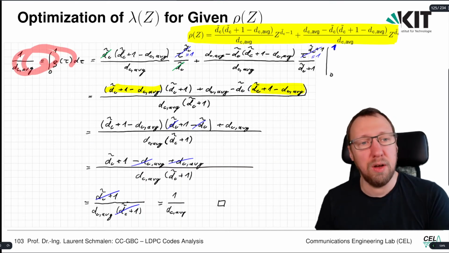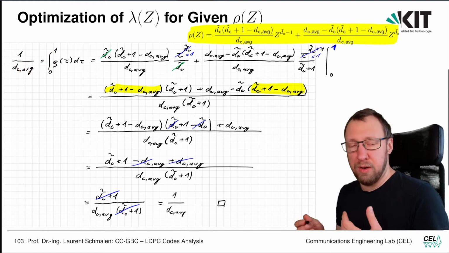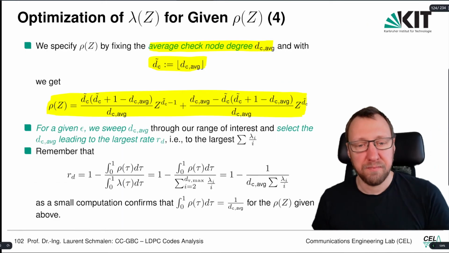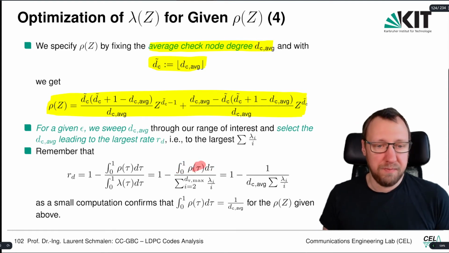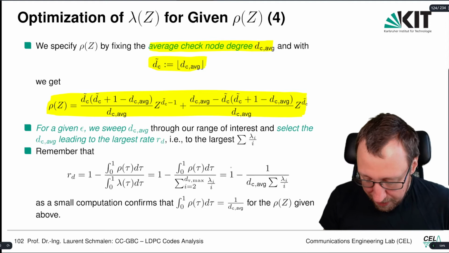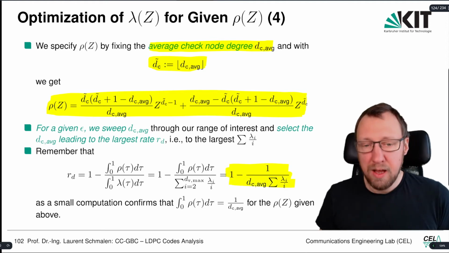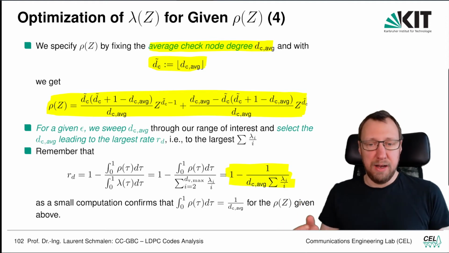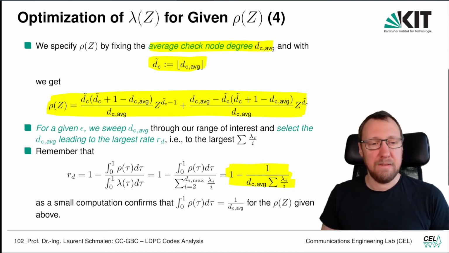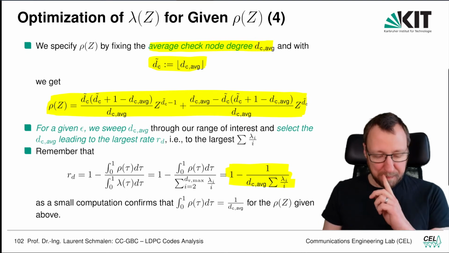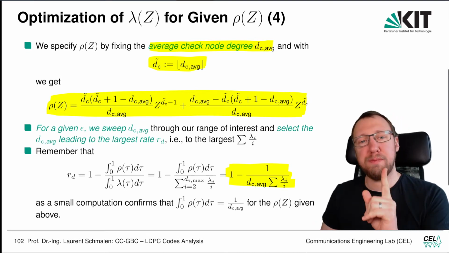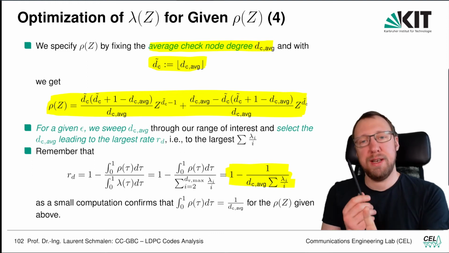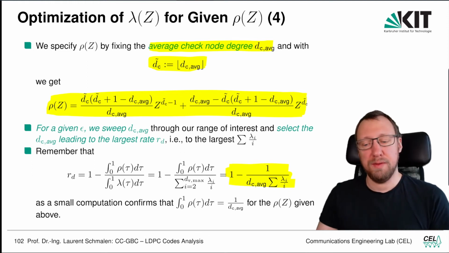So that's exactly 1 over DC average. We don't need to have this integral. So we can just replace this by 1 over DC average. So the design rate actually is 1 minus 1 over DC average divided also by the sum over lambda i divided by i. Okay. So now instead of specifying rho of z, we specify DC average. For each DC average, we calculate rho of z.